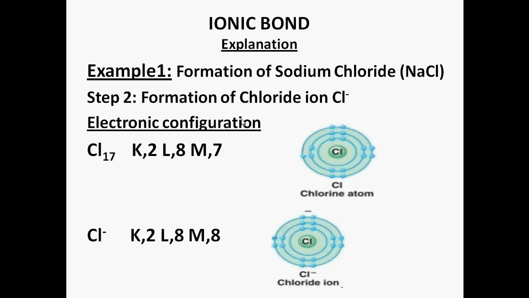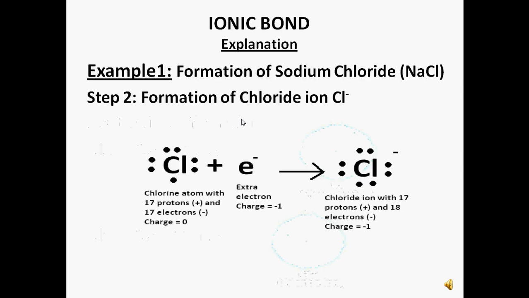So after gaining the electron, it makes a chloride ion and its electronic configuration becomes K2 L8 M8, which is the electronic configuration of the noble gases. You also see from the diagram, 7 dots show 7 electrons in the valence shell. After gaining 1 electron, it has 8 electrons in its valence shell.